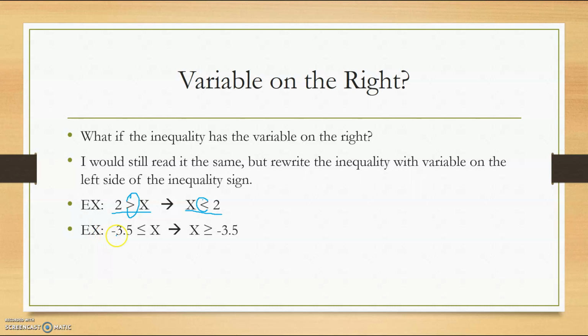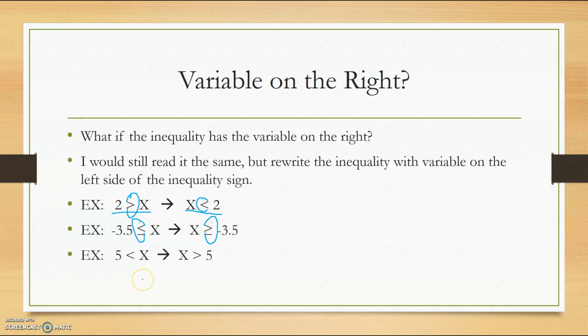Same case here, negative 3.5 is less than or equal to x. In this case, our inequality sign wants to eat x, that possible solution. So when we put x on the left-hand side of the inequality sign, we still want our Pac-Man to eat that possible solution because negative 3.5 is going to be smaller than that.